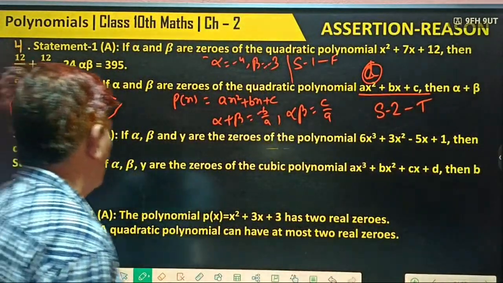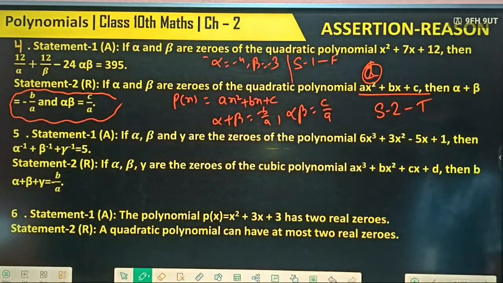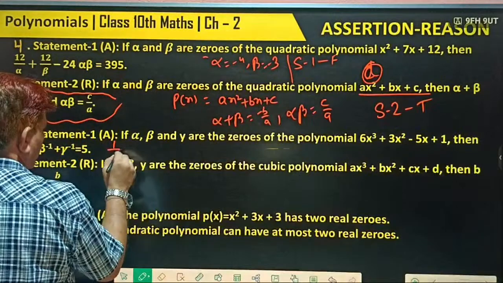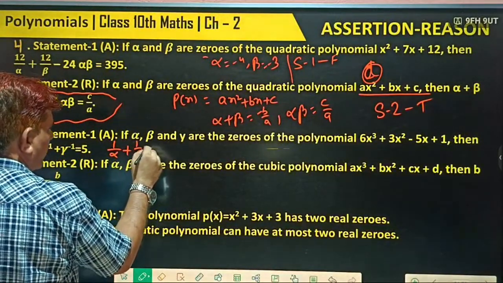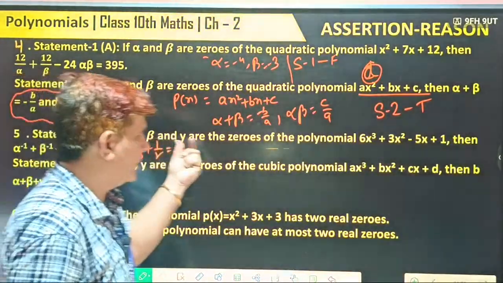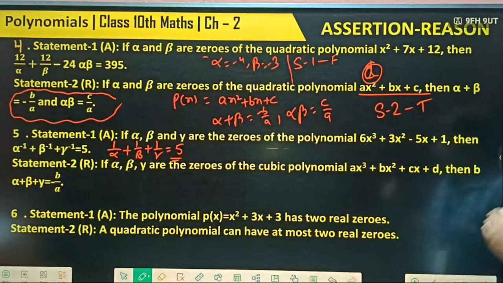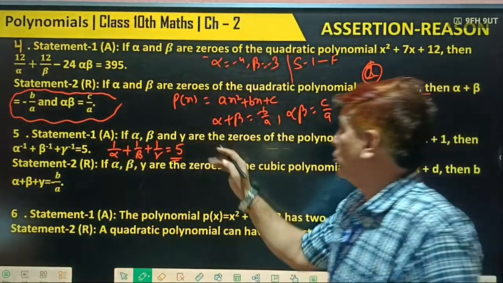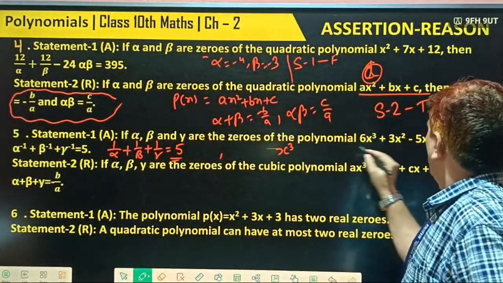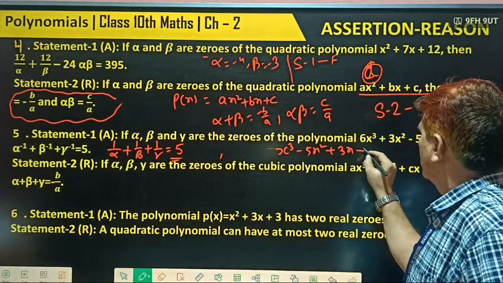Next, given statement 1: alpha, beta and gamma are the zeros of this polynomial. Understood? And then it says the sum of 1 by alpha, 1 by beta, 1 by gamma is equal to 5. We have to tell. So alpha, beta and gamma are the roots of this polynomial, x cube minus 5x square plus 3x plus 6.